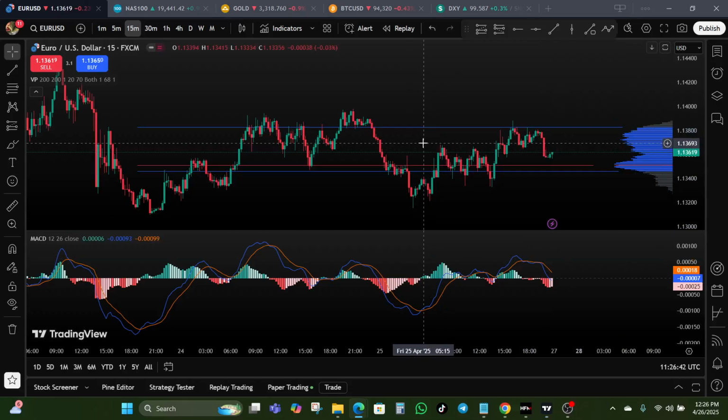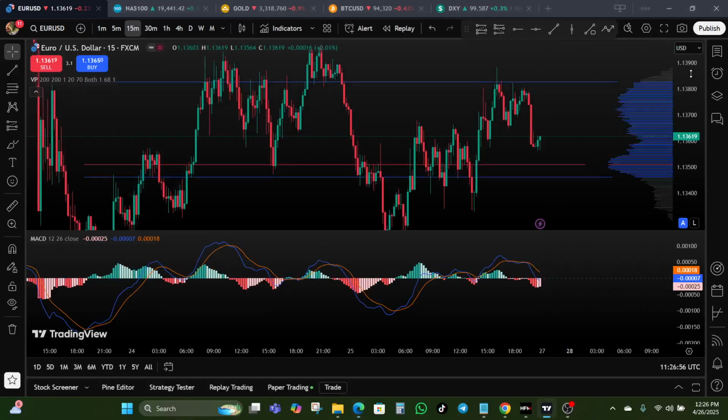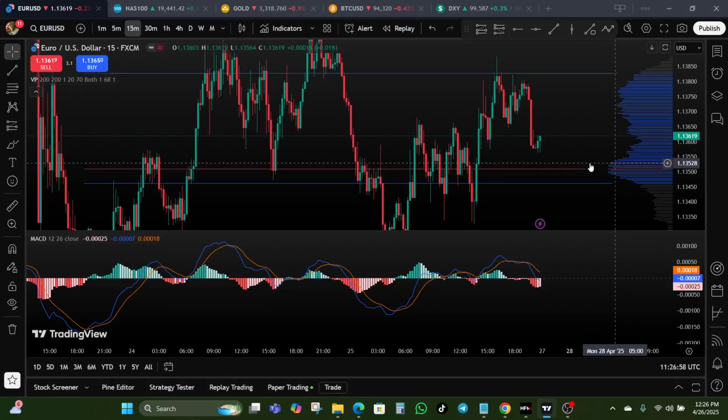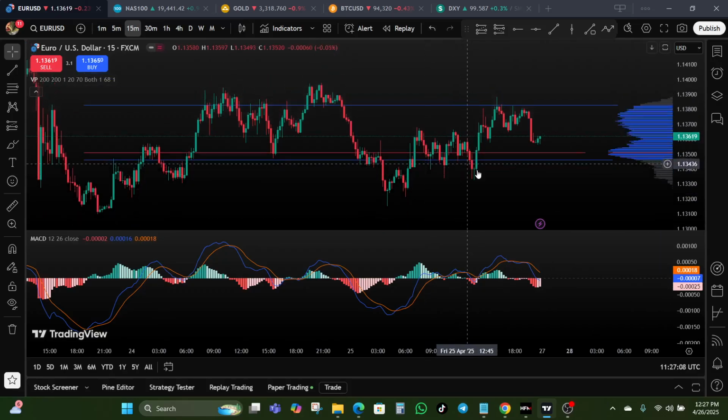The volume profile can actually help you to find hidden areas where price is likely to react. Okay, so you have to be paying attention to these levels that are marked by the indicator, and in addition to that, you look out for these areas where the volumes were high. The areas where the volume was high, you pay attention to price reaction around those areas.